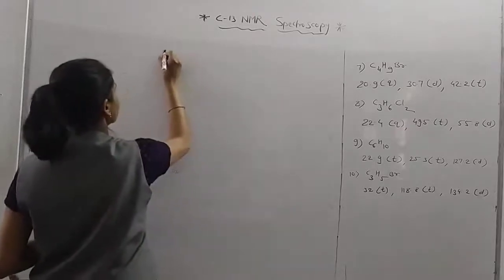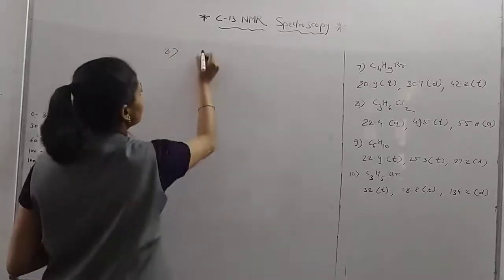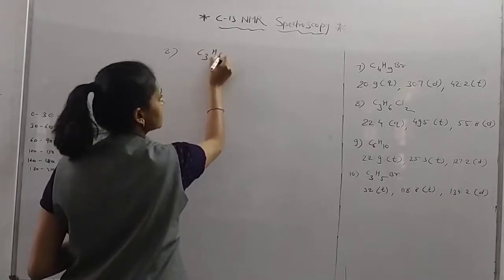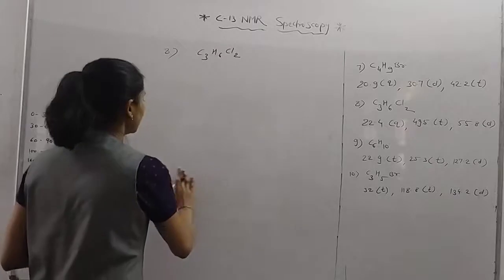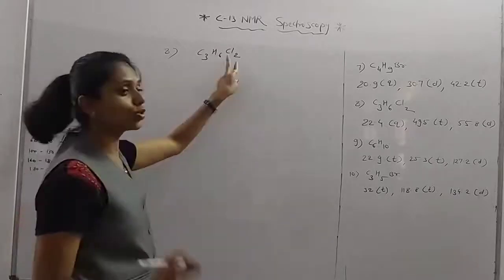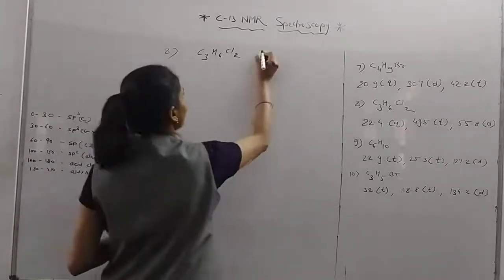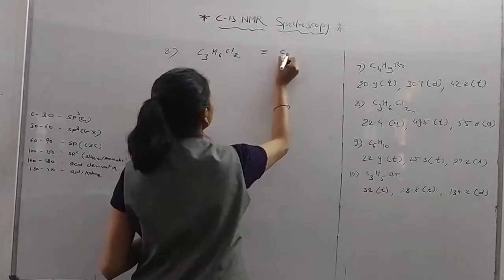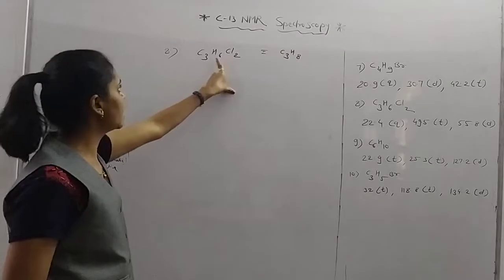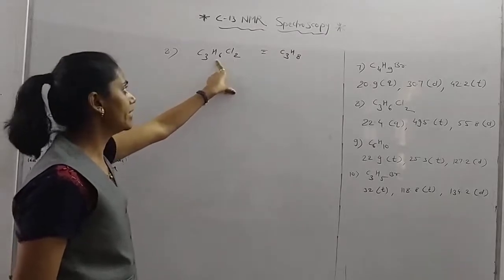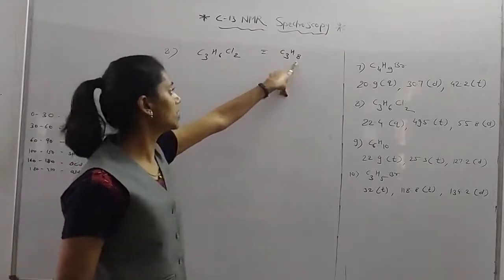Now we solve the next problem, number 8: C3H6Cl2. Here again there is a halogen, in fact 2 halogens. Now the formula becomes C3H8, as for one chlorine we add 1 and for the other chlorine we add again a 1. That means C3H8.